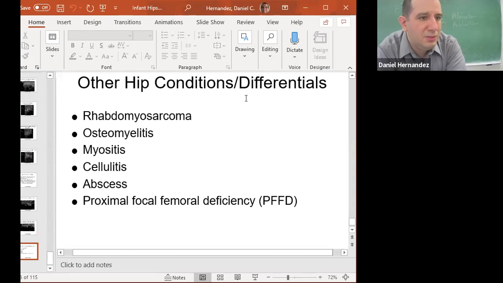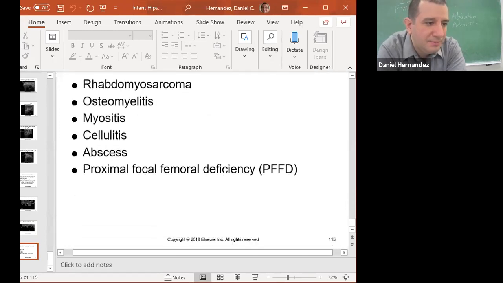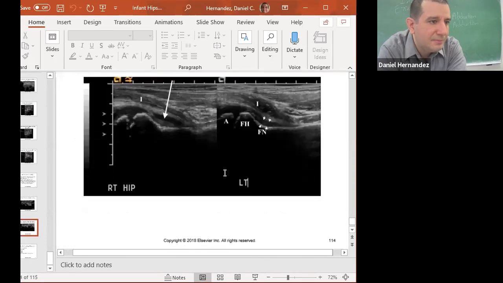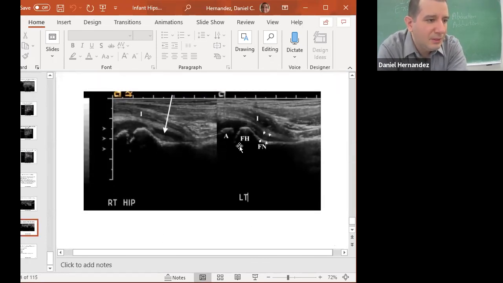Some other conditions in the differential diagnosis could be rhabdomyosarcoma, osteomyelitis, myositis, cellulitis, abscess formation, or proximal focal femoral deficiency. These hip effusion ultrasounds are easy.